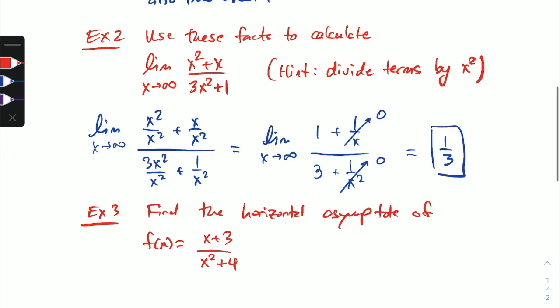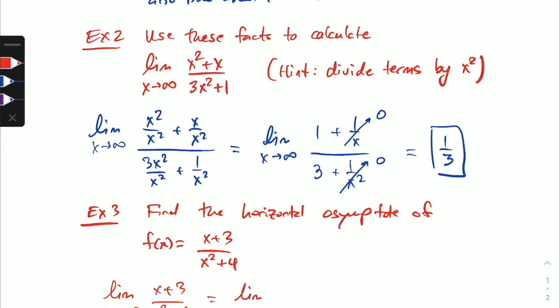We saw earlier that finding horizontal asymptotes really is taking the limit as x goes to infinity. So we're going to take the limit as x goes to infinity of this function. We're going to use the hint from earlier.